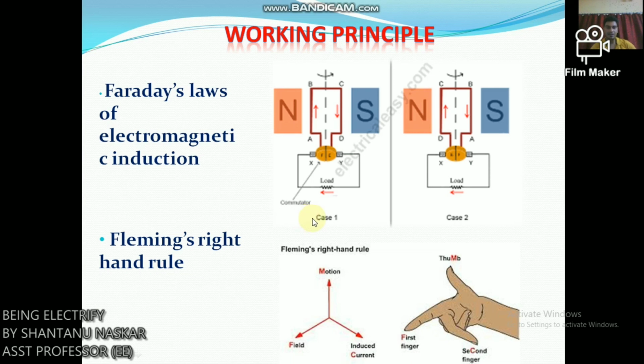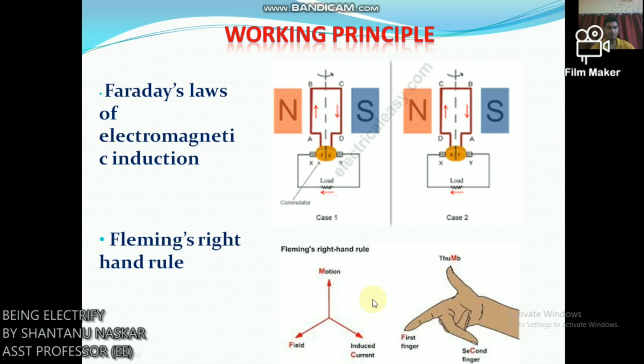Thus, an electromagnetically induced EMF is generated in the armature conductor and the direction of the induced current is given by Fleming's right hand rule. You can see the picture. From this you can see the direction of the induced current.